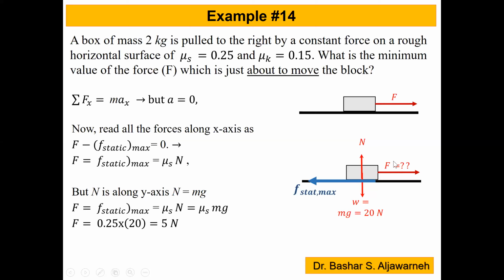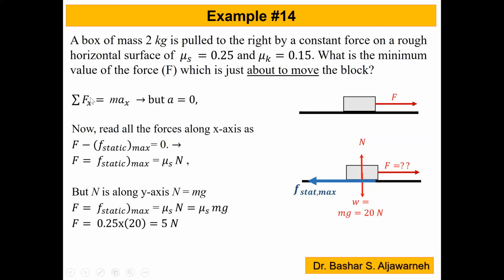Okay, now what is the minimum value of the force? My force here is along the x-axis, and the only thing that we care about is the summation of F along the x-axis equals m times a. But there is no motion, so the acceleration equals 0.